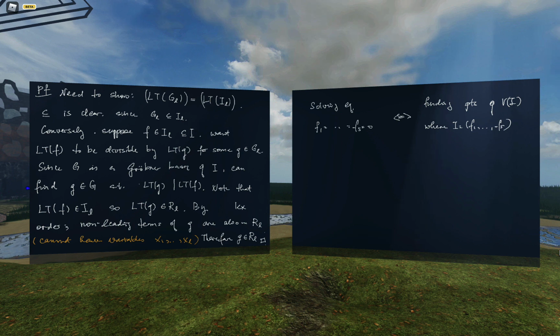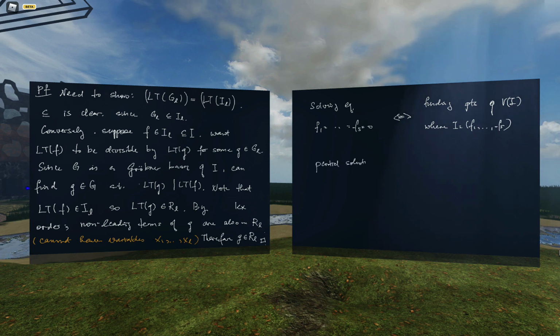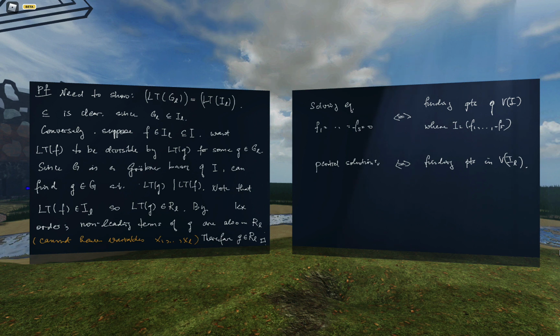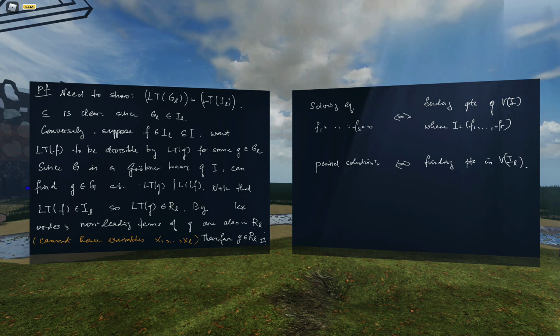We know this. So with the approach of elimination theory, we're finding partial solutions, finding points in this V(I_l). So what's the point? Can we actually construct solutions of V(I) from these partial solutions?